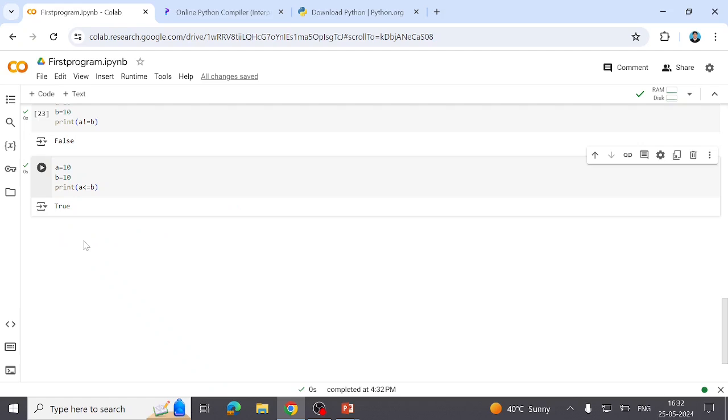If any one of them is true, less than or equal to, then it is true. Same like greater than. If greater than or equal to, then it is also true, because the value of a is not greater than b, but the value of a is equal to b.